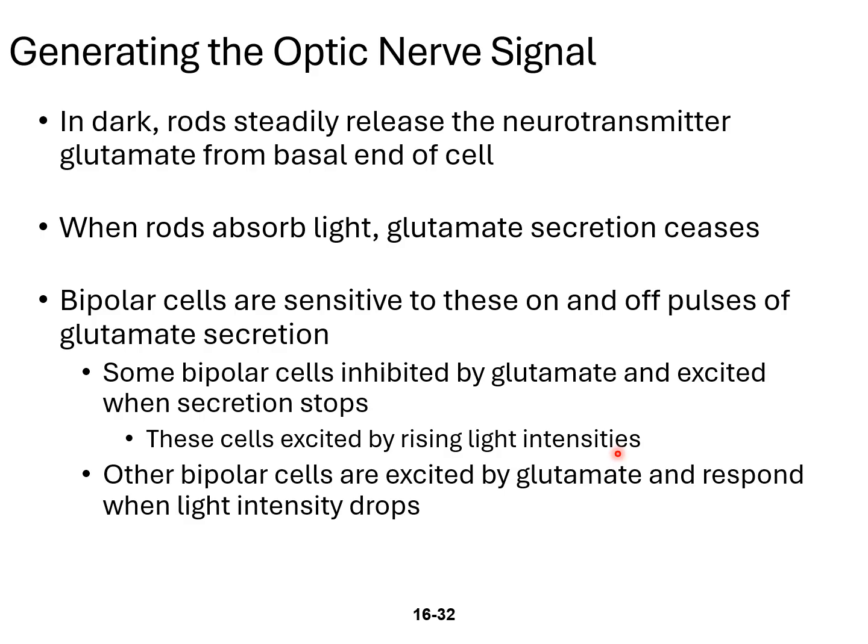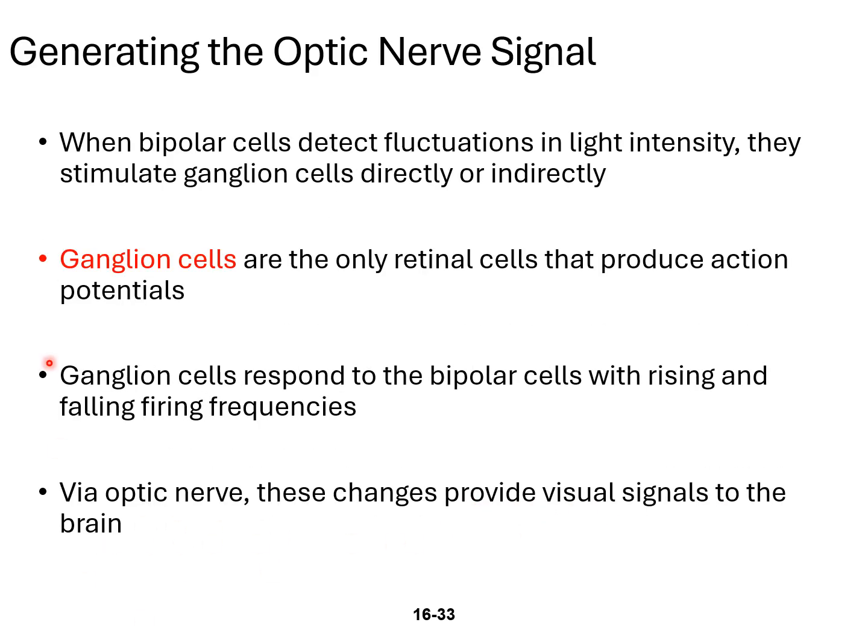I told you there's around 19 different types of bipolar cells in the mouse that I studied. So all of these different types of bipolar cells is how we can start to interpret light intensity and all this other stuff. Other bipolar cells are excited by glutamate and respond when the light intensity drops. So all these different types of cells are how we're actually doing this interpretation of these photons of light.